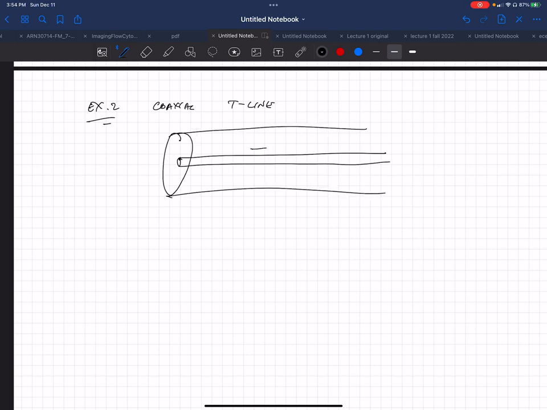And let's say this is our z-axis. This inner radius is 2a, and the outer radius is 2b. Sorry, the outer diameter is 2b, inner diameter is 2a. And then what you typically do is you put your voltage on the inner conductor and you ground the outer conductor.